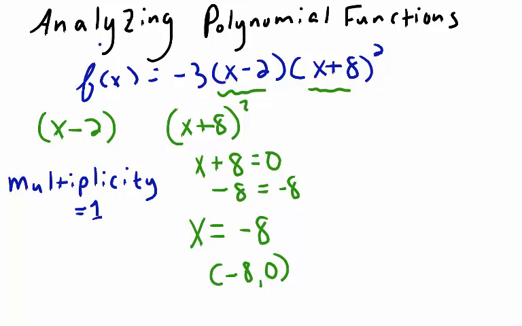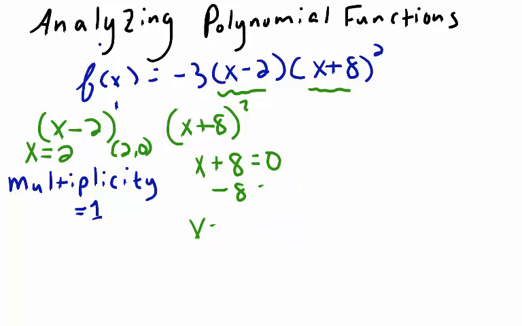The reason it has a multiplicity of 1 is because the factor is raised to the first power. And let me go back in and write the 0 for this factor. Okay.